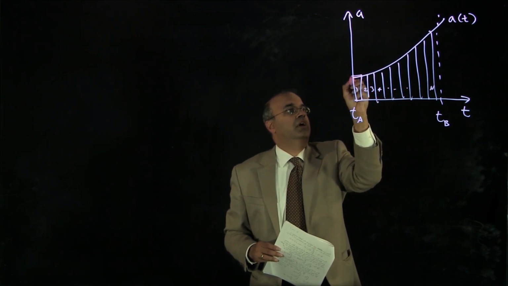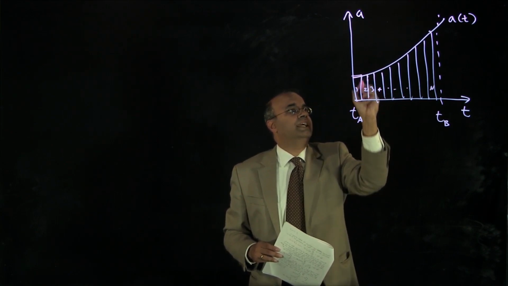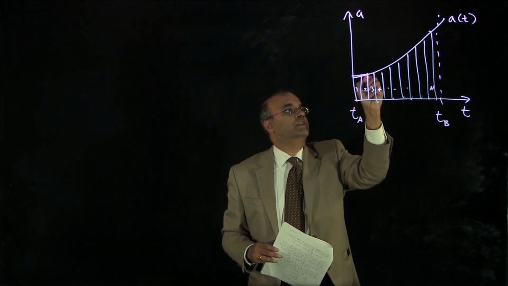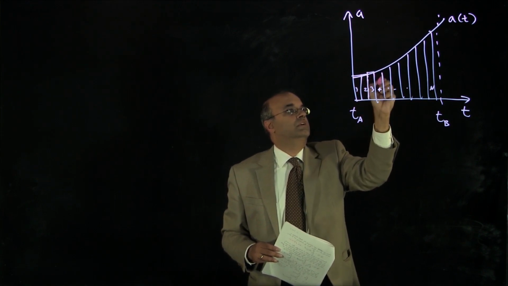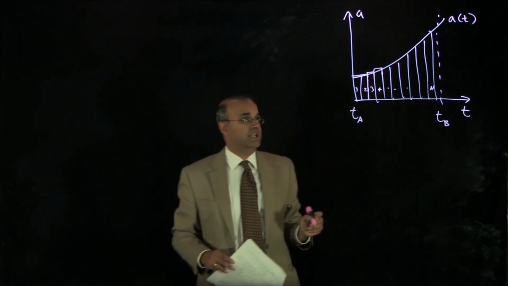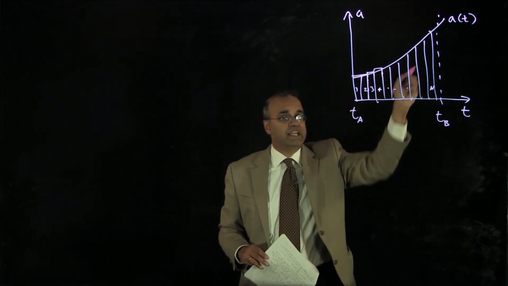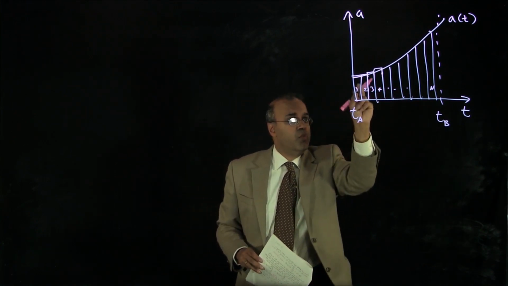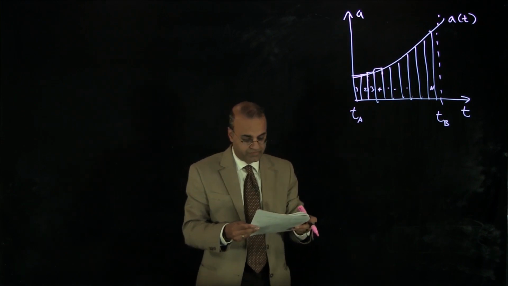And with each one, because this is a curved graph, I can't get the rectangle to fit exactly, so a little bit of it will stick out at the top in each one. I'm not going to go through that for all of these, but you get the idea. I'll fit these rectangles as well as I can. The narrower I make the rectangles, the more easily I can fit them under the curve.